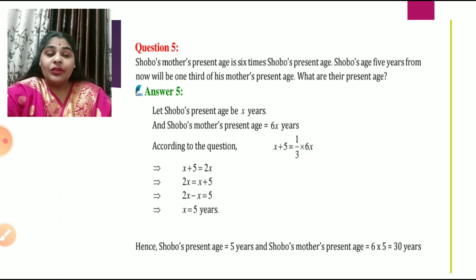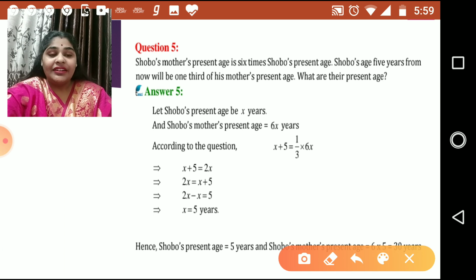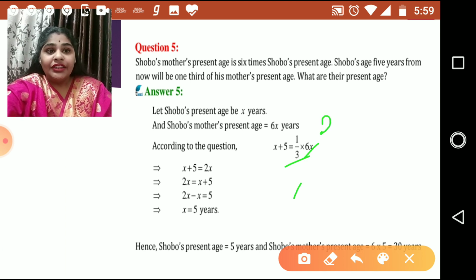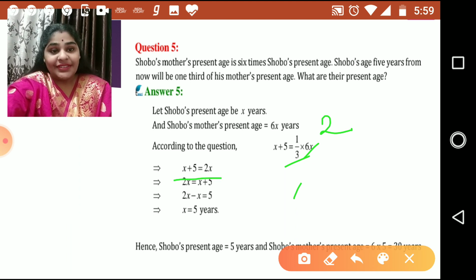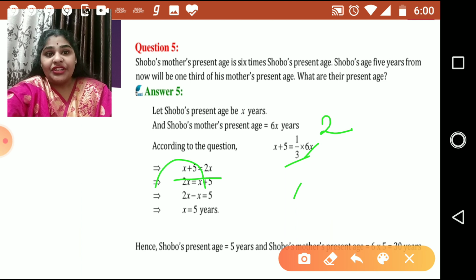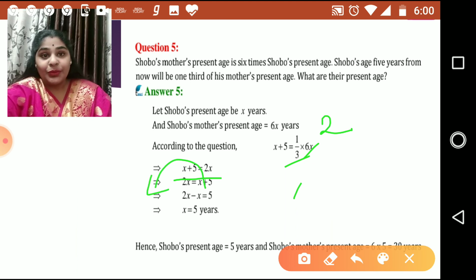So now we got the equation, you have to just solve it, that is x plus 5. Now here you can see directly they have cancelled 3 1s and 3 2s. So the right hand side is 2x. So x plus 5 will be equal to 2x. So 2x equal to x plus 5. 2x, x we are transposing towards the left hand side, or you can transpose to the right hand side also, not to worry.